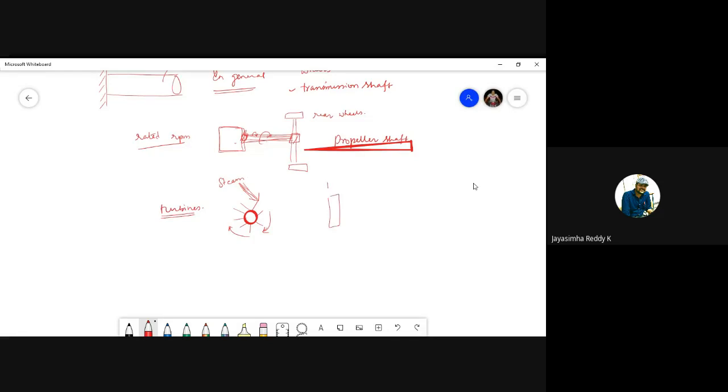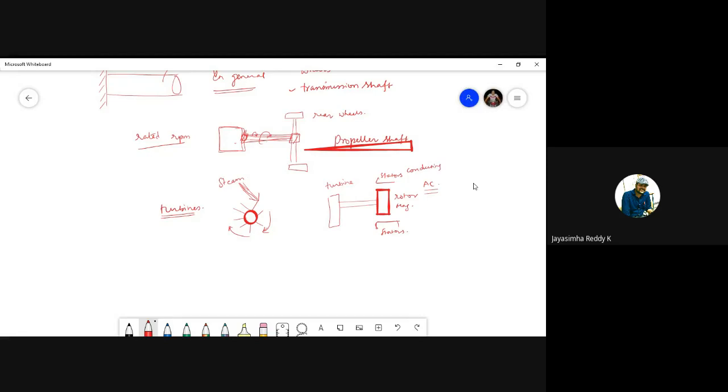If you assume this is the turbine, I'm just drawing the side view. As the turbine rotates, it is coupled to a generator. We all know the principle of a generator. In a generator, we have a rotor and stators. If this is an AC generator, the rotor will be a magnetic field and the stators will be conducting coils.